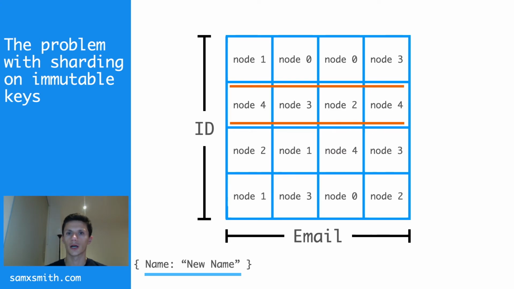In contrast, when you shard by a mutable key, a changeable key like email or name, those can change. Anytime you update the email or the name, for instance, or any other changeable property, we have to rehash that attribute, allocate a new node, and then move the record from one node to another.